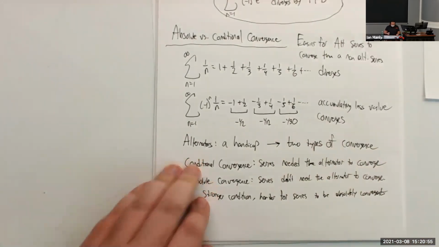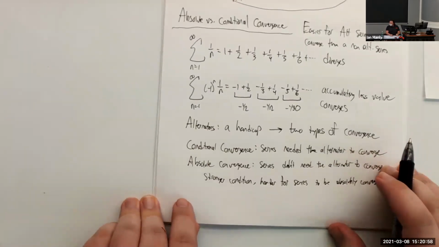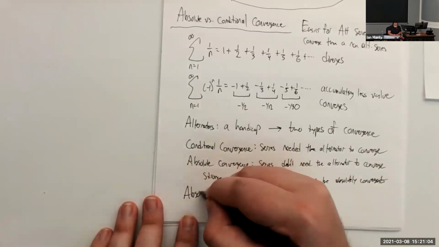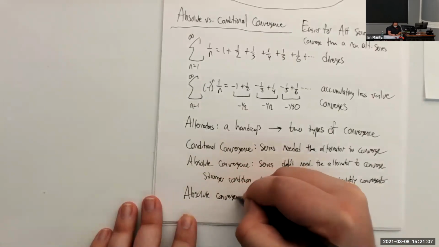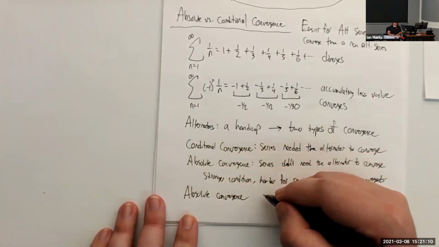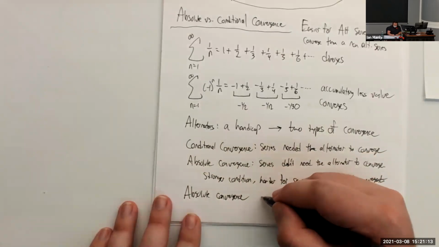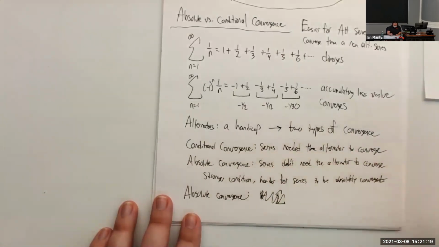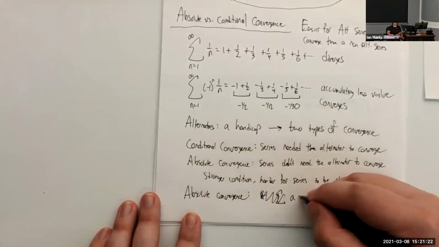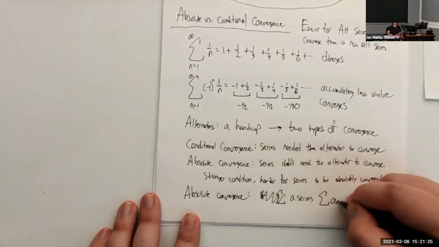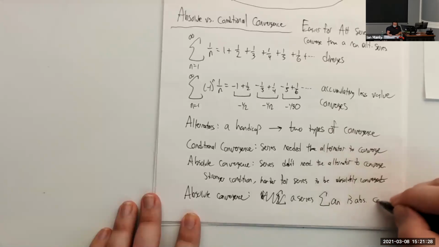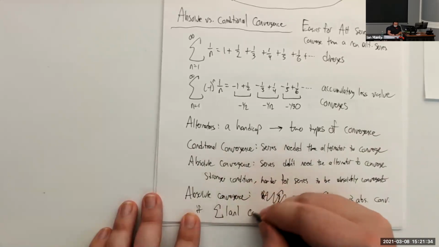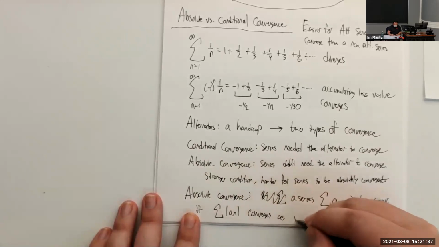All right, so another way of saying this, rather than verbally, is: a series a_n is absolutely convergent if the absolute value of a_n converges as well.